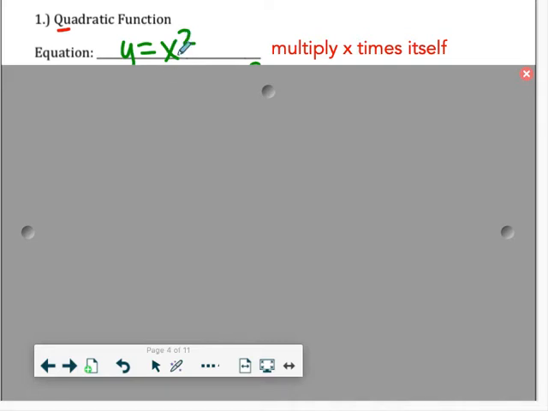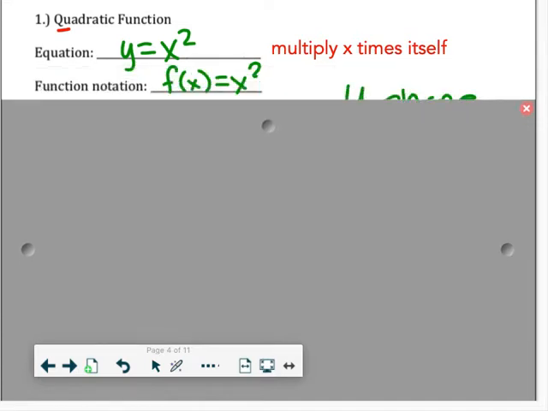And obviously we can plug in different values for x. What that looks like in function notation is f of x equals x squared. So again, all we do is replace the y with f of x. Everyone say f of x. F of x. All right, so that's how we say that.